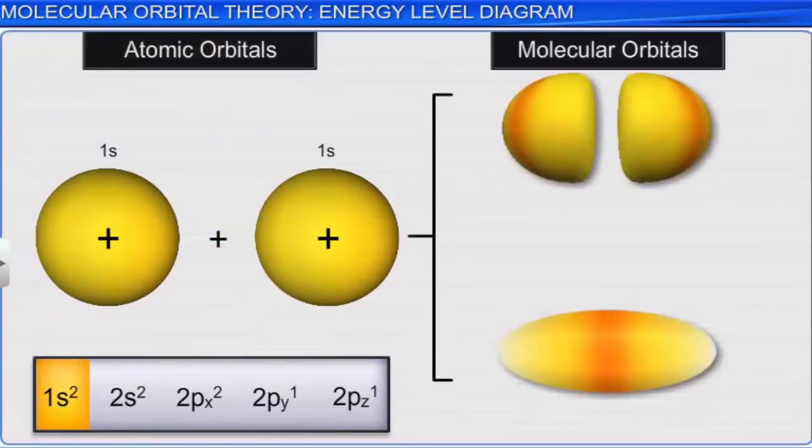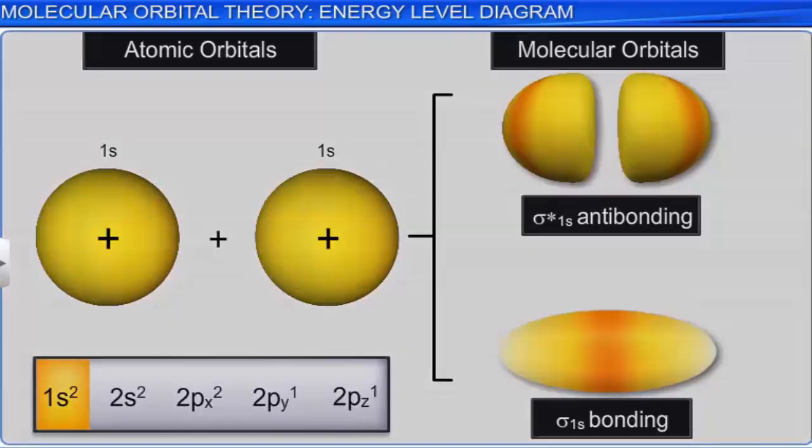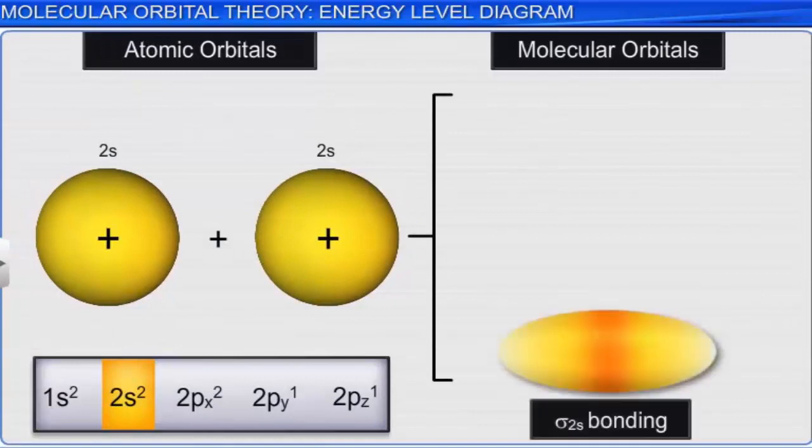Their electrons are concentrated along the bond axis. Hence, they are called sigma 1s bonding and sigma star 1s antibonding molecular orbitals. The two 2s orbitals combine to form sigma 2s bonding and sigma star 2s antibonding molecular orbitals.